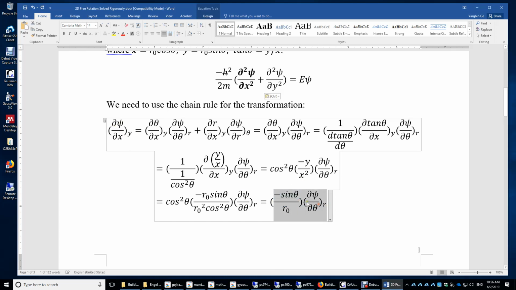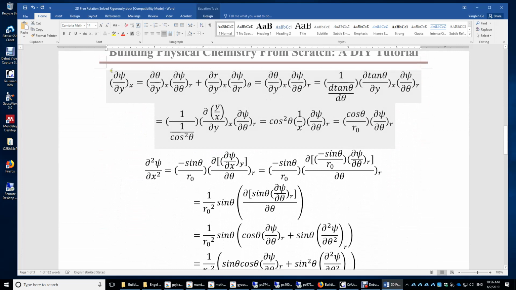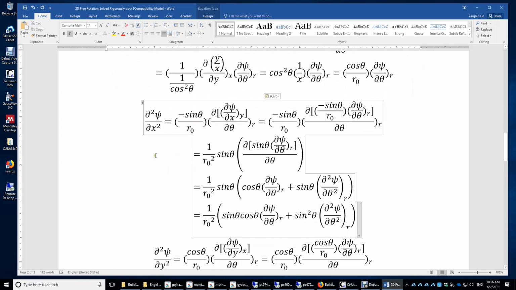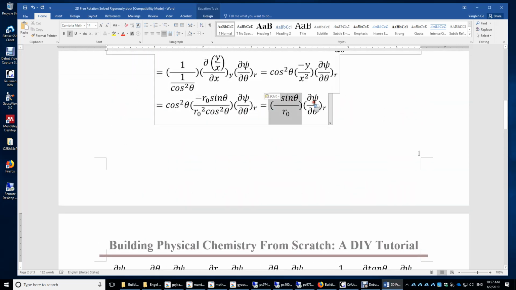So it's over here. And then we evaluate the second derivative of this guy. So we do the first derivative of psi with respect to y here. We get a similar result. Now the second derivative. The second derivative is actually easy, although tedious. So we need to just apply this first derivative operator twice.